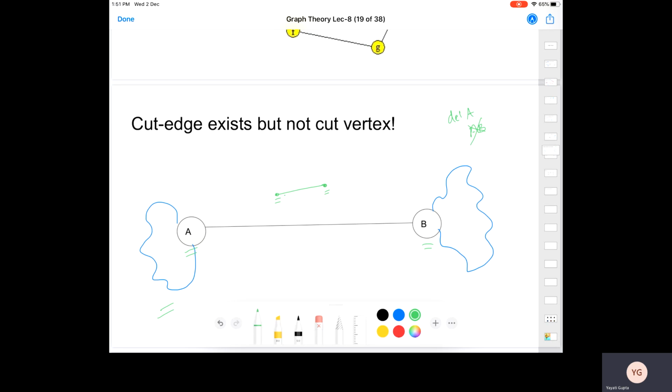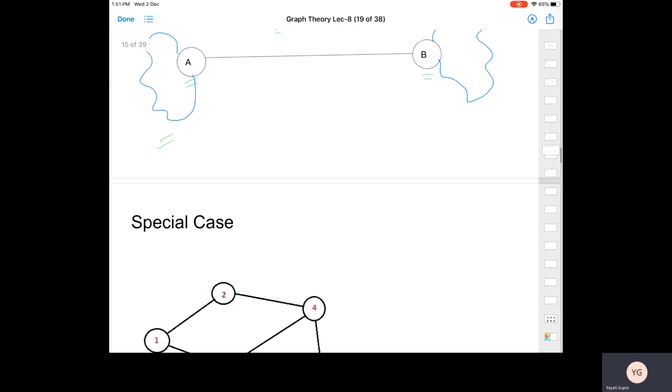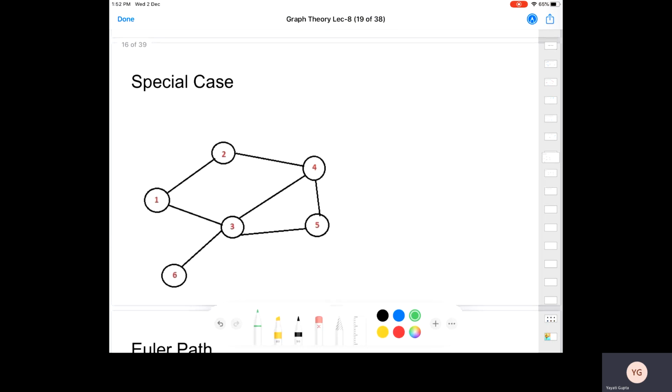Can you think about that? Can you think about a graph in which, when you delete this edge, none of its endpoints are cut vertices? This happens in the case of pendant vertices. So look at this graph here. If you look at this edge here, edge 3, 6, this edge is a cut edge. If you delete 3, 6, we'll have two components. This one over here will be one component, and this isolated vertex will be another component.